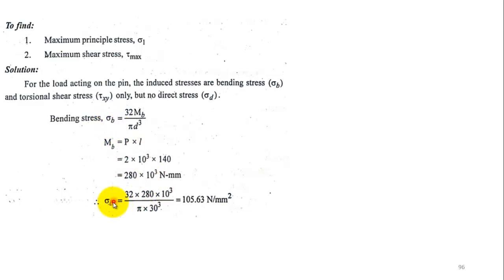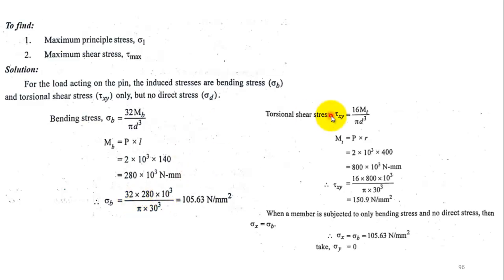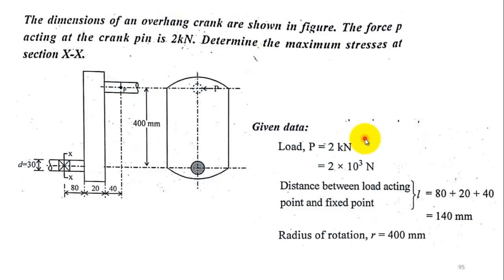After calculating bending stress sigma b, you can go for calculation of shear stress, that too caused by torsion. If you consider torsional shear stress, the twisting moment will be equal to load into perpendicular distance. In this case, this distance has to be the radius of rotation.